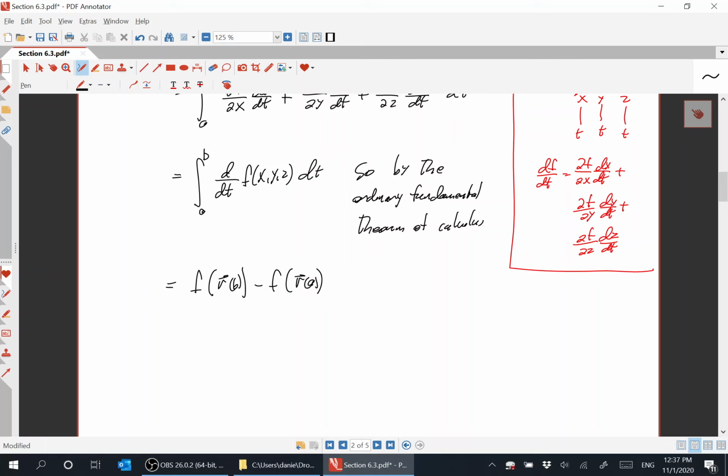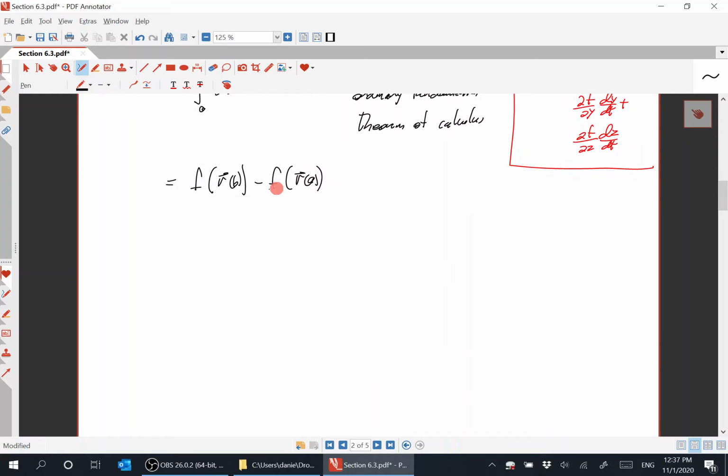So, a couple of interesting consequences of this. This is the fundamental theorem of calculus for line integrals. Let's rewrite it.